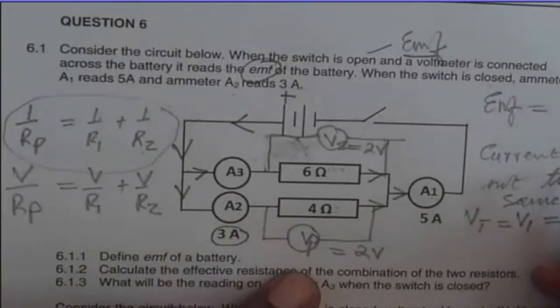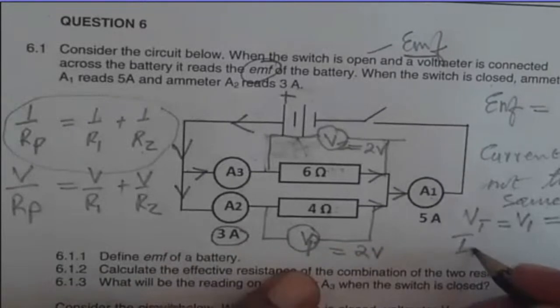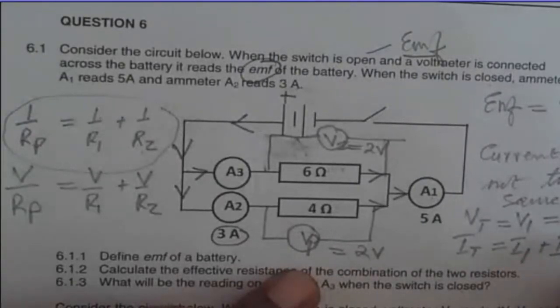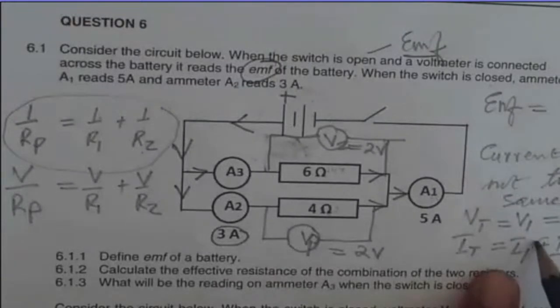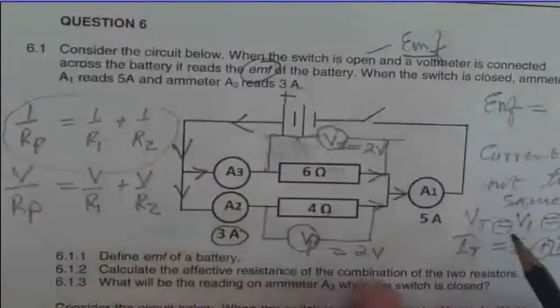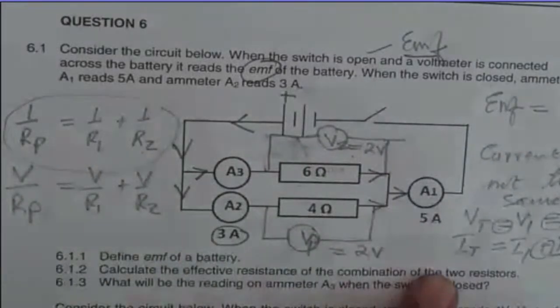But to calculate the current, it is not the same. So I total is equal to I1 plus I2 plus so many branches. Once you see plus, it's not the same. But once you see equal, the potential difference will be the same in a parallel combination.